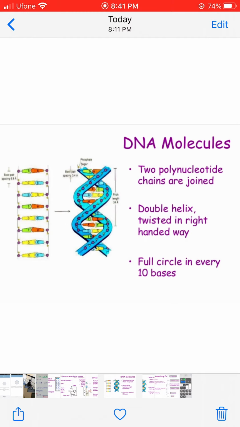If it is twisted in a right-handed way, then it causes the formation of major and minor grooves. What does it mean? When the double helix is twisted in the right-handed way, then major and minor grooves are formed according to the bases present.